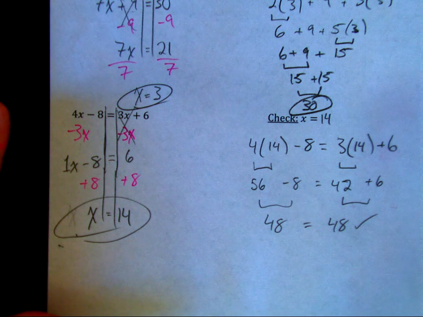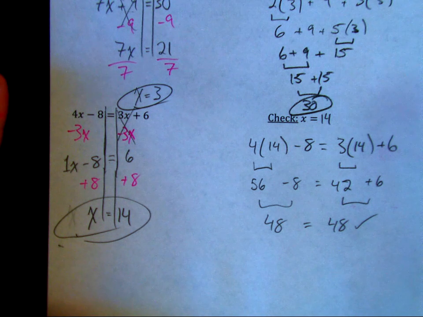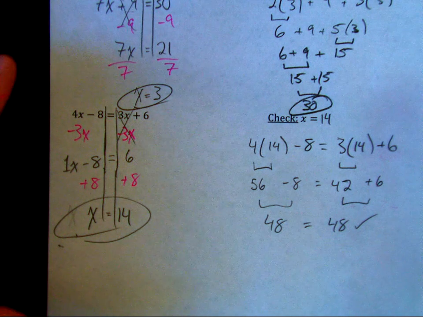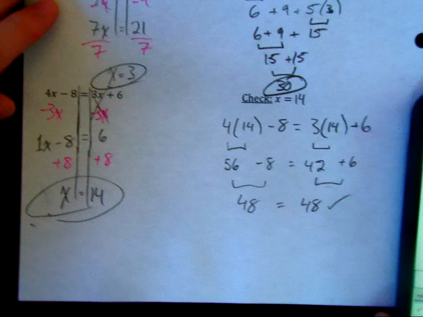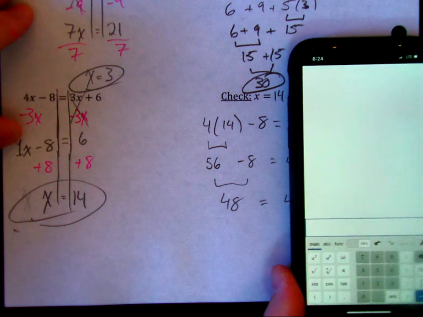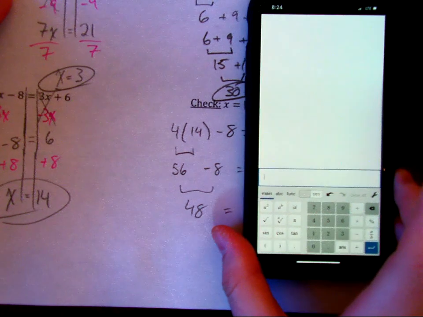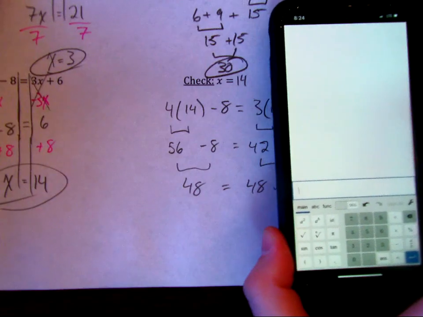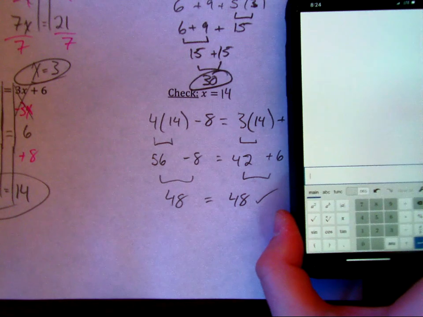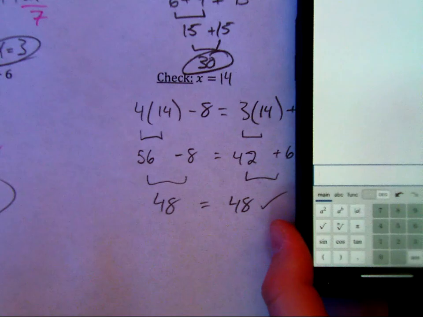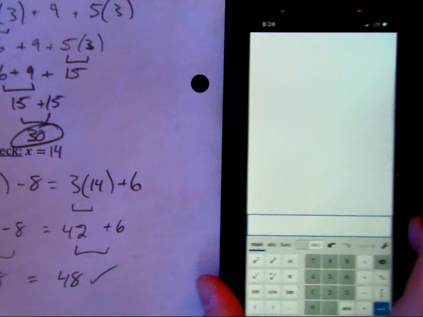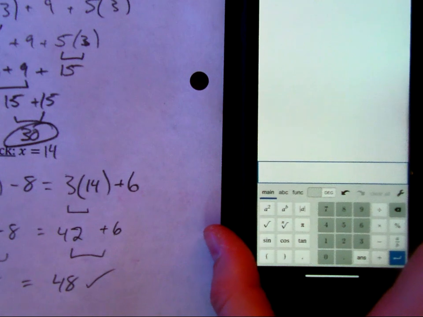To show what this looks like in Desmos, I will demonstrate. The way it would work is like this. Let me scoot this over a little bit and zoom in a little bit. All right, so what I'm saying is this.